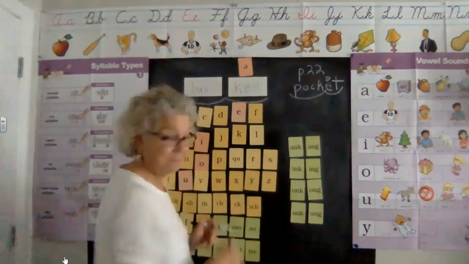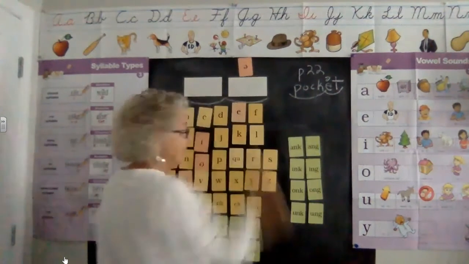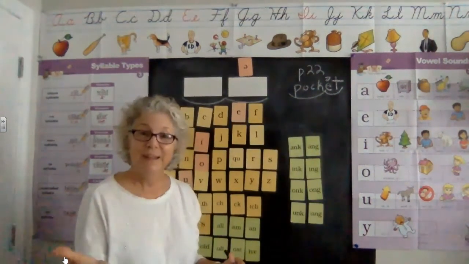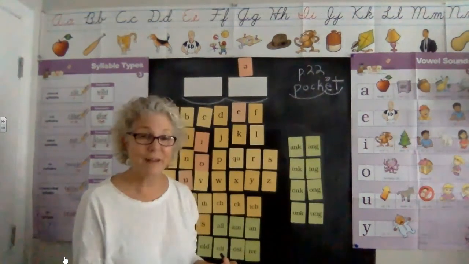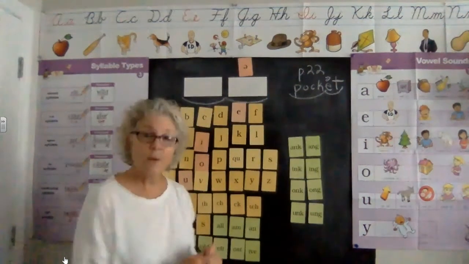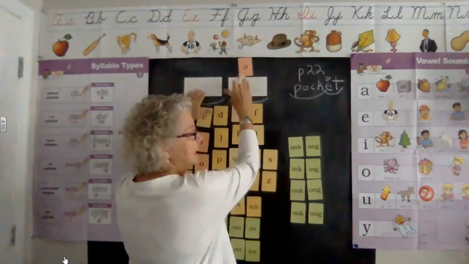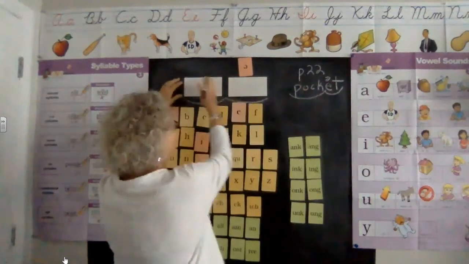Let's do another one. And this one is going to have a suffix on it. And the word is planets. Echo? Good. There's lots of planets that we can study, right? It's so fascinating. What's the base word of planets? That's right, planet. So let's separate the syllables. Help me. Plan it. First syllable, plan. That's right. Spell it.